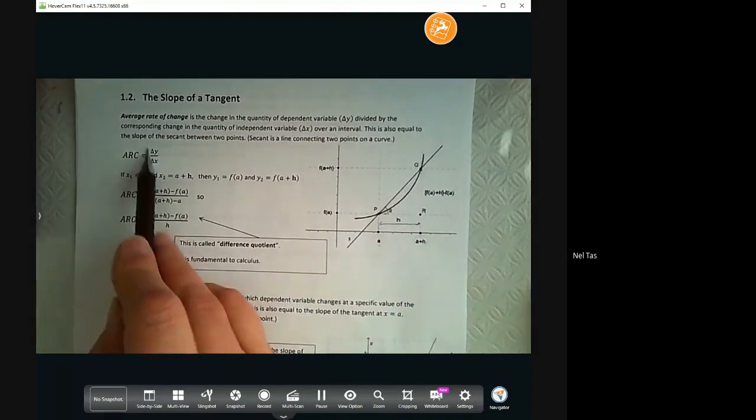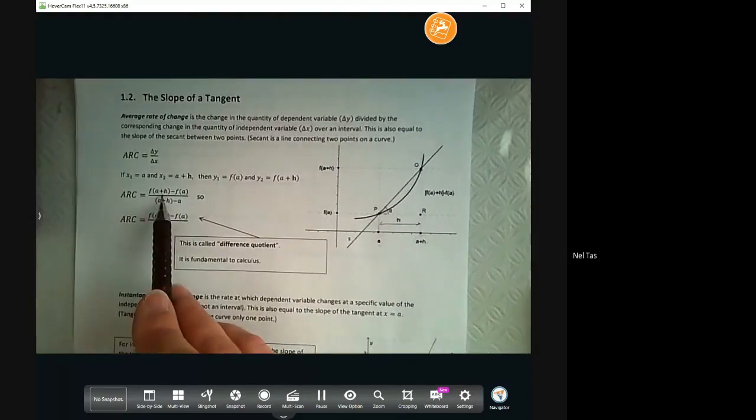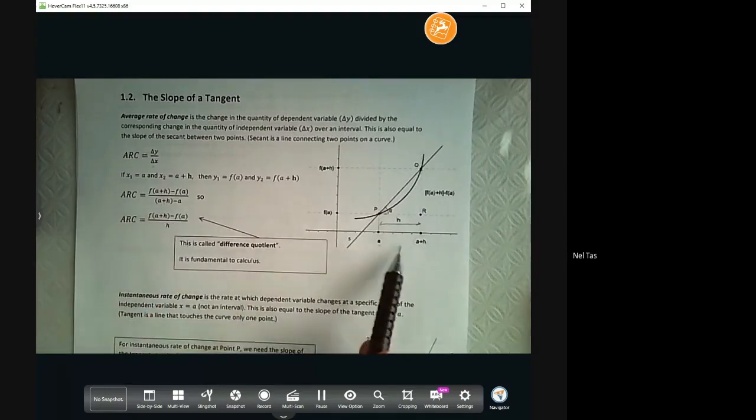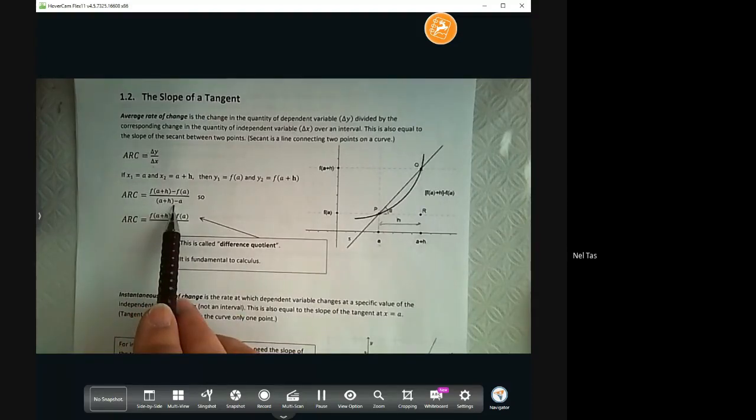Then if I use this formula, delta y over delta x, I'm again taking the difference between those two y values. So f of a plus h minus f of a is like y2 minus y1, over, now you take the difference between the x coordinates, a plus h minus a.